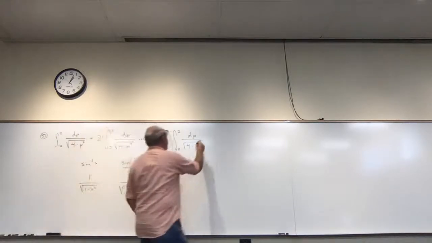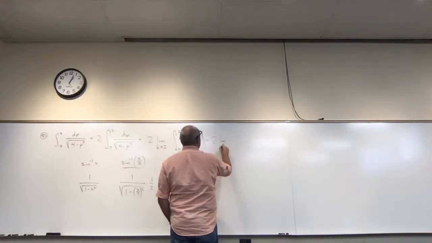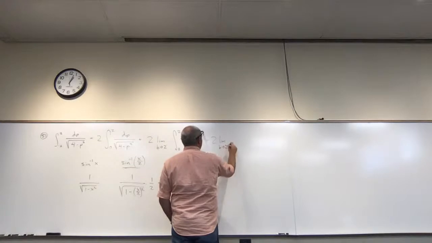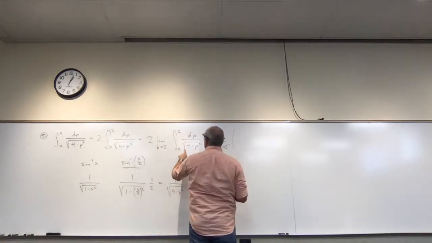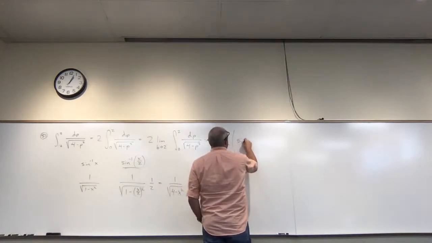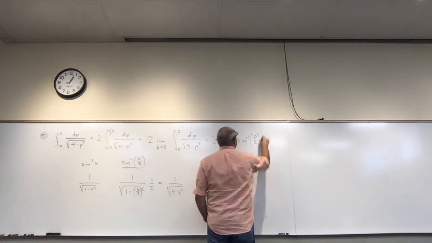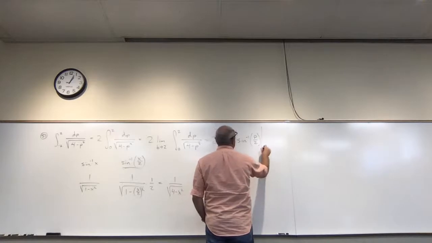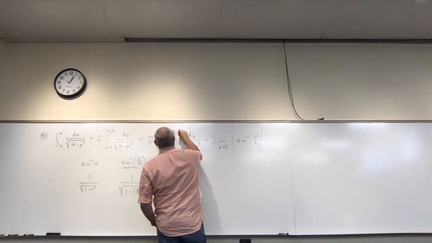So this one is just 2 times the limit as b goes to 2 from the left of the antiderivative of 1 over square root of 4 minus p squared, which is sine inverse of p over 2, evaluated from 0. Oh, I wrote something wrong right here. That's a b. Sorry.